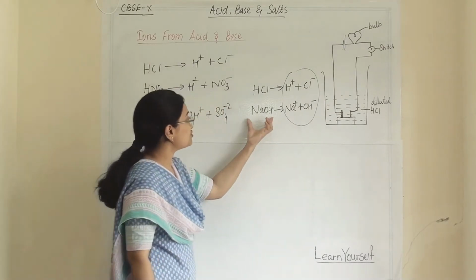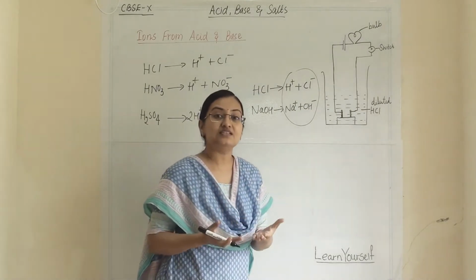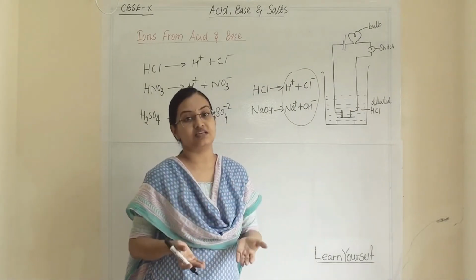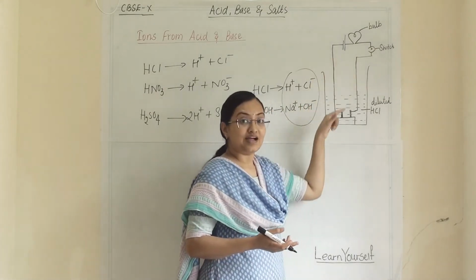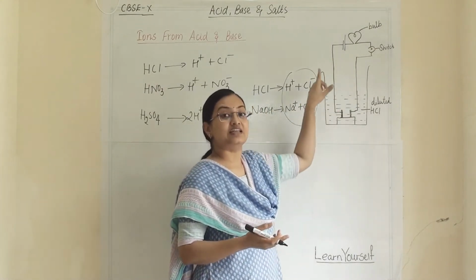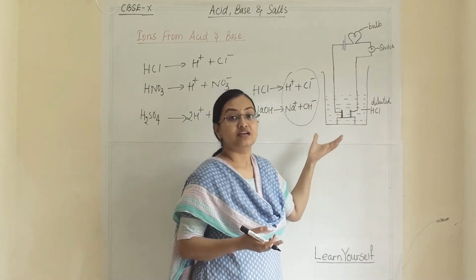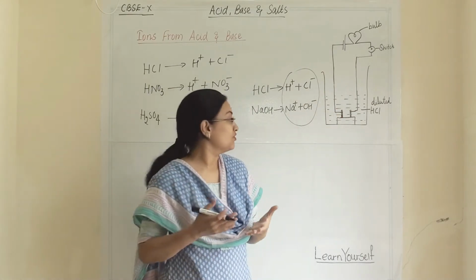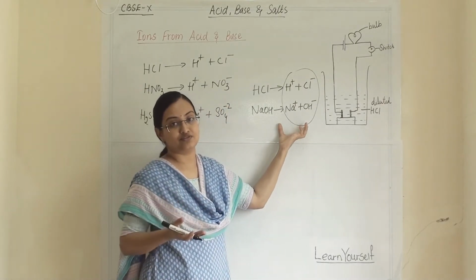In case of base also, whatever base you are taking, those bases also dissociate and give us ions. So when our bulb will glow, that says that the electricity is passing through the circuit and electricity is passing with the ions. The ions are the carriers of electricity.